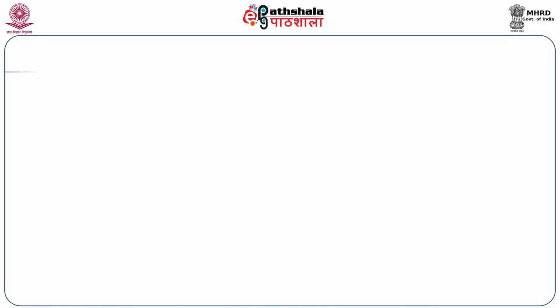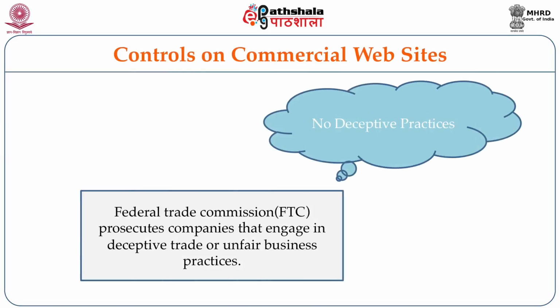The areas include credit, banking, education and healthcare. But these are all for the E-Government Act. If we talk about private companies, there is no counterpart of it. So in controls on commercial websites, the first it says is no deceptive practices.